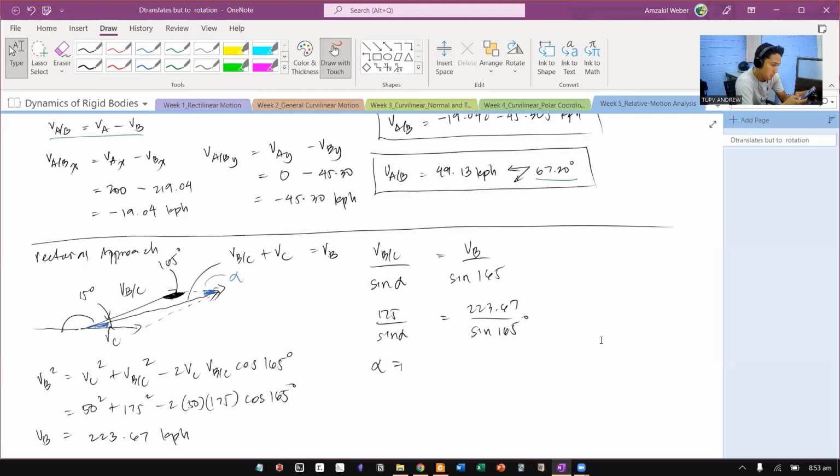223 divided by sine 165, then 175 divided by that, then the inverse sine of that is 11.68. Okay, so finally, the answer is 11.68 degrees.